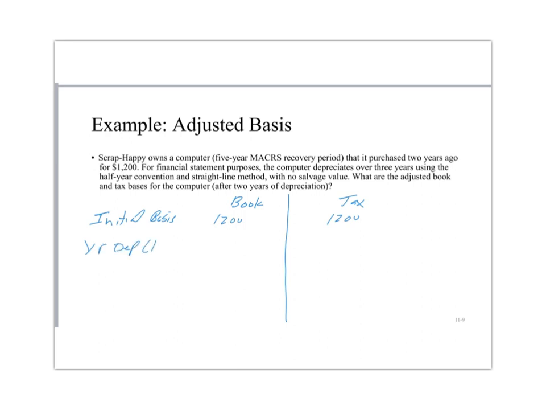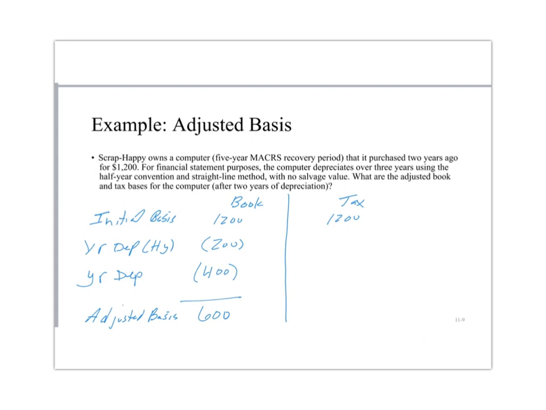So our first bit of depreciation via straight line for half a year is $200. For second year depreciation, whoops, not 4,000. I got a little carried away with my zeros there. It's $400. Whoops. Okay, and so then our adjusted basis after 2 years of depreciation is $600.